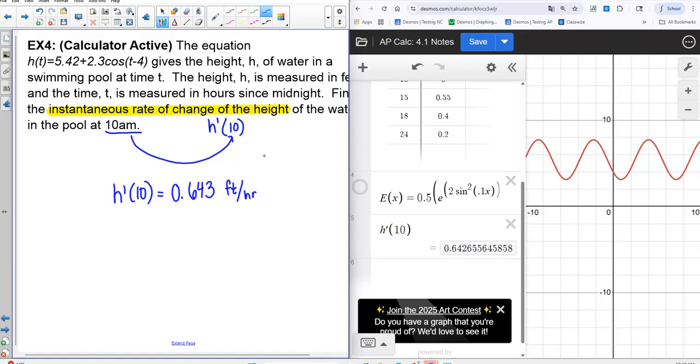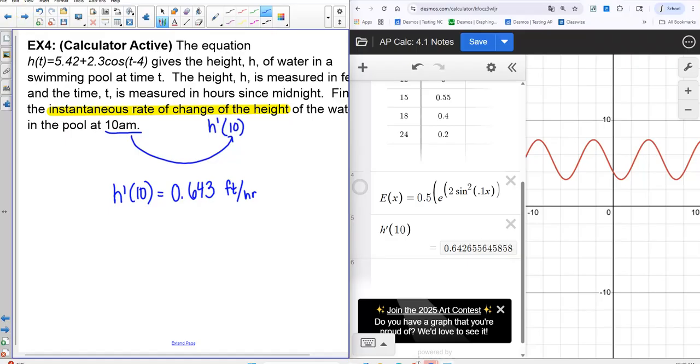We're having to read it and understand that that's what it's asking us for. And you will see problems that ask you to do both. Sometimes they'll say, find f prime of 7 and explain what it means in context of the problem. Other times, they will ask at time t equals 7, what is the rate of change of the blah, blah, blah, and you have to know it's asking for that. So we'll see both of those things.